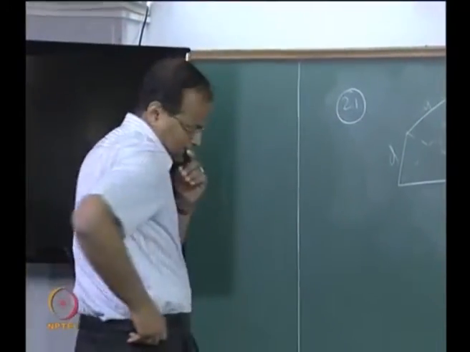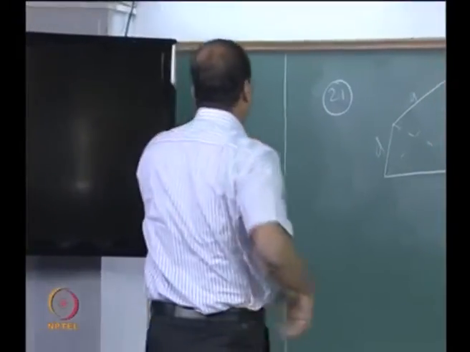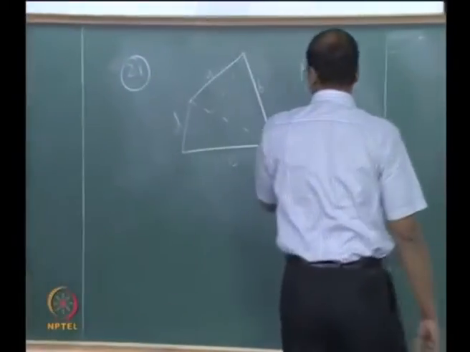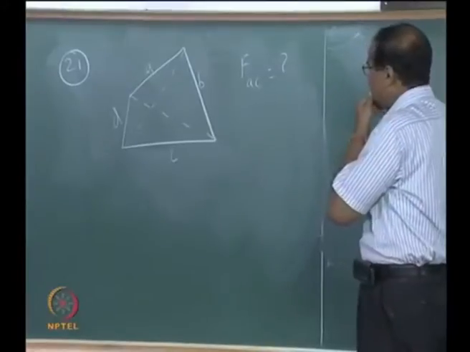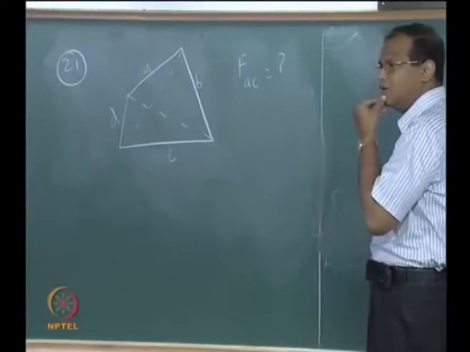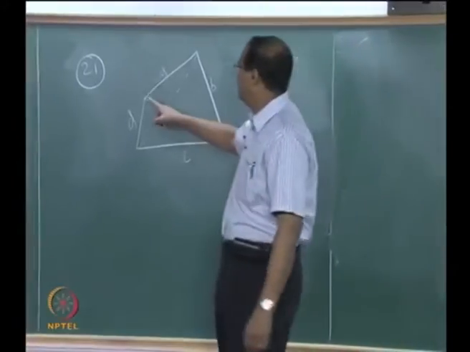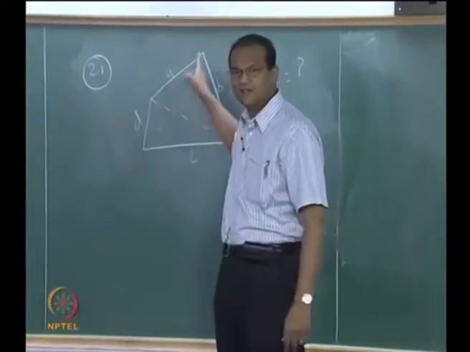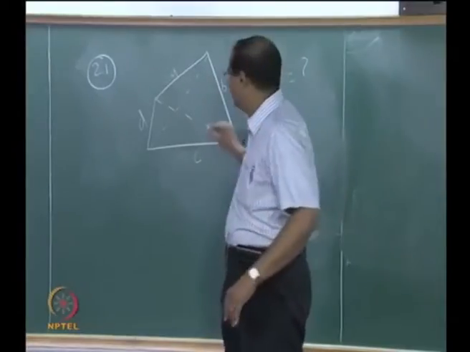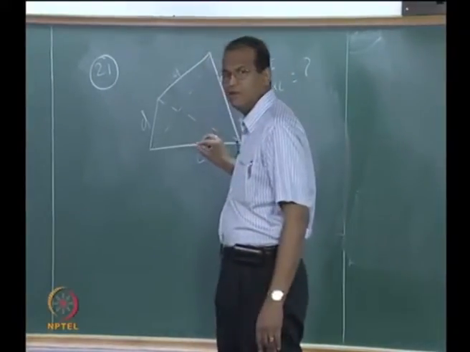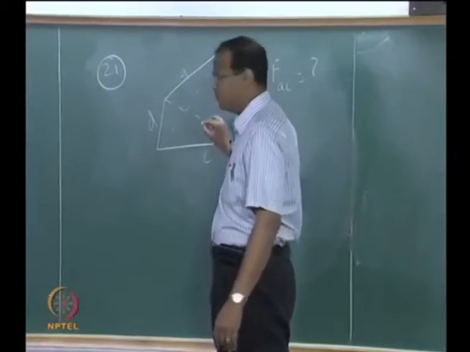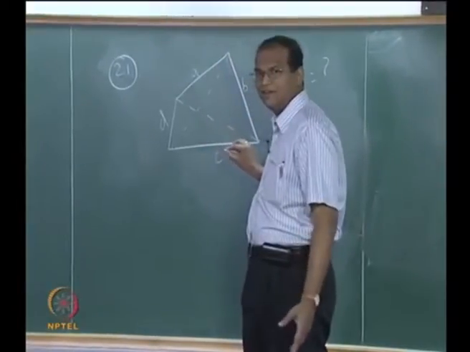Now, I think it is better to name the diagonals L1, L2. I think we should have named the vertices differently, but that does not matter.